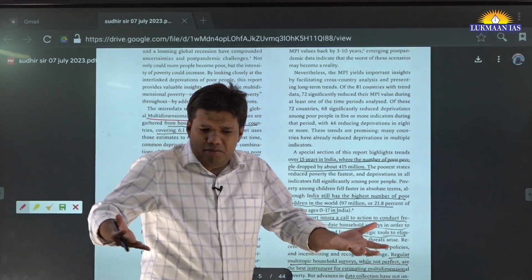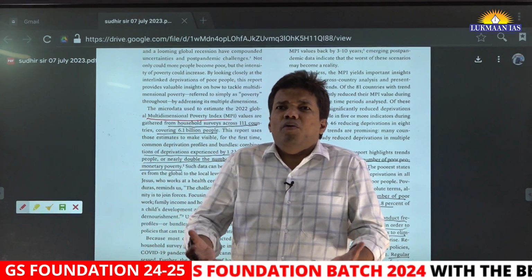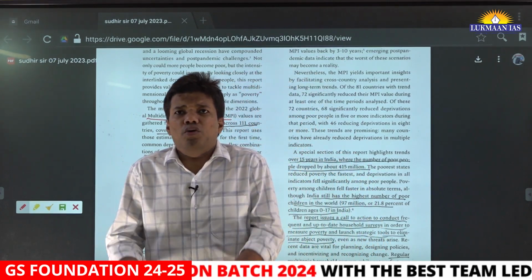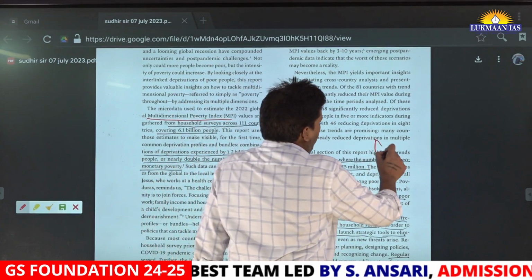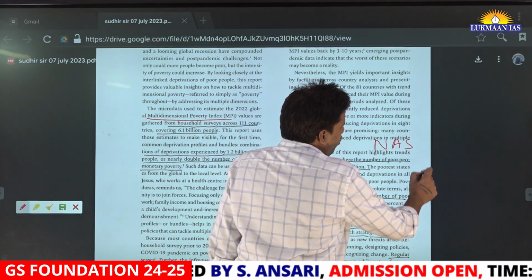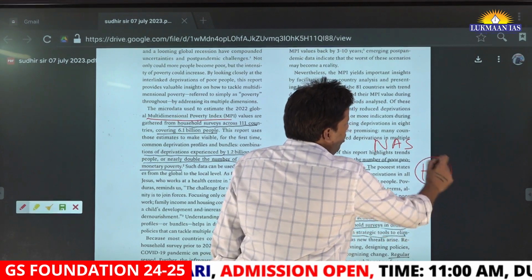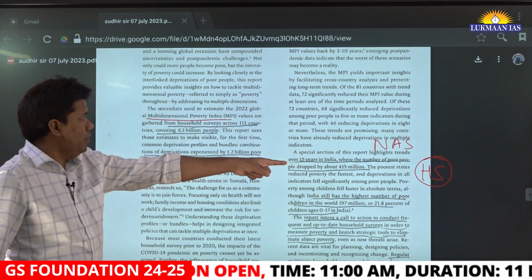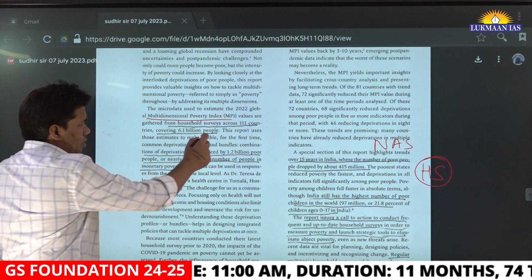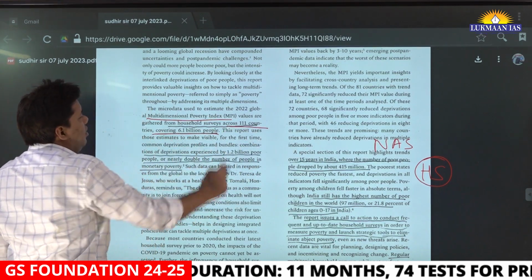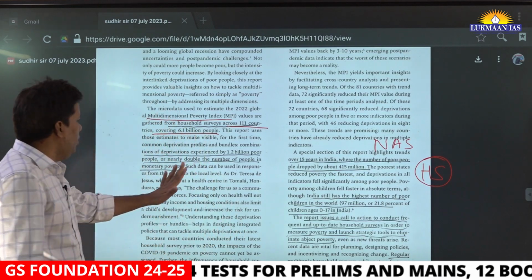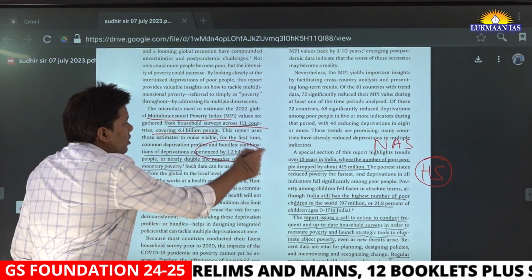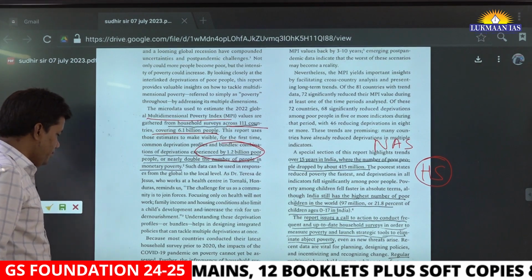Generally, how does the World Bank measure poverty? There are two methods. One is the National Accounting Systems, NAS, and another is household surveys, right? World Bank data is based on household surveys. So, they did surveys in 111 countries, which covered 6.1 billion people, and it says 1.2 billion people are still living in poverty. Fine.